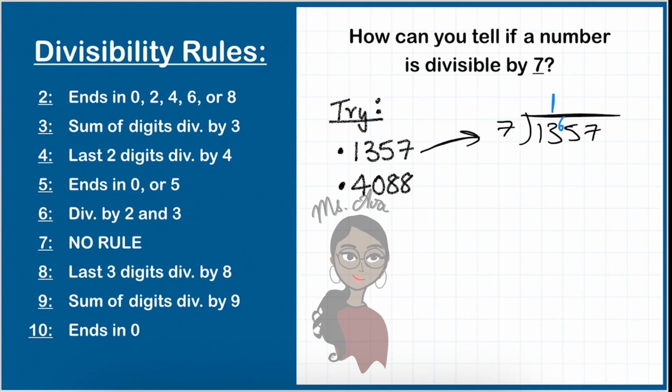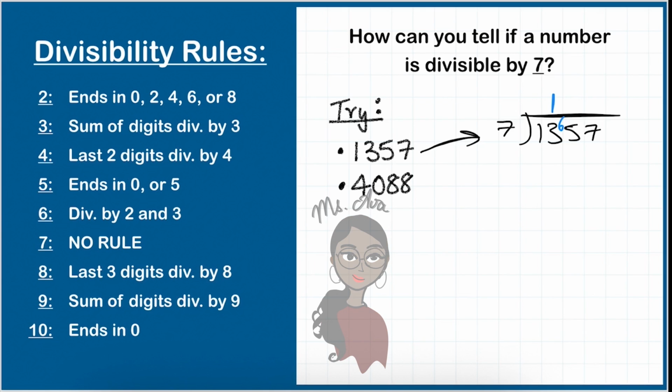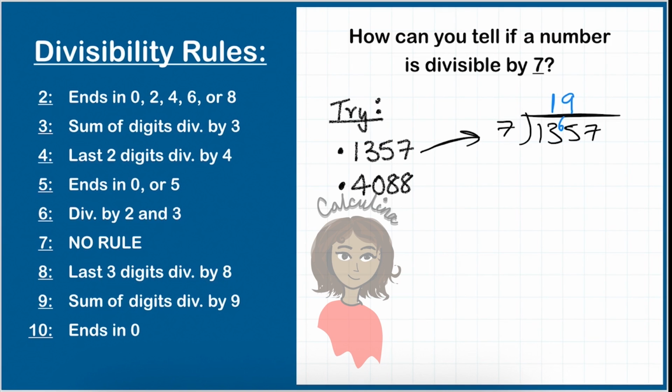Okay, so now if we're looking at 65, how many times can 7 go into 65? Well, 7 times 9 is 63. Yes, exactly. So it can go in 9 times. And then what would be the remainder when we subtract the 63?